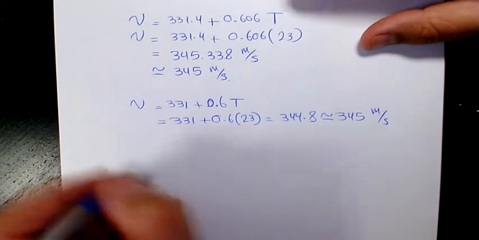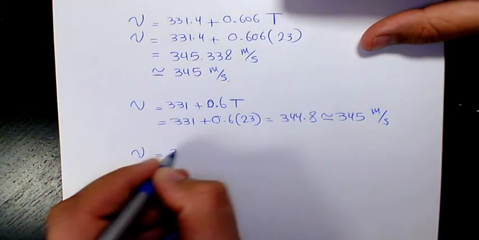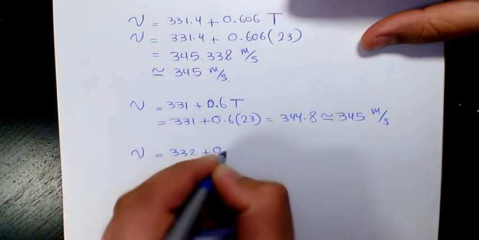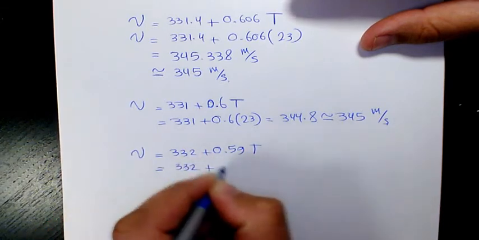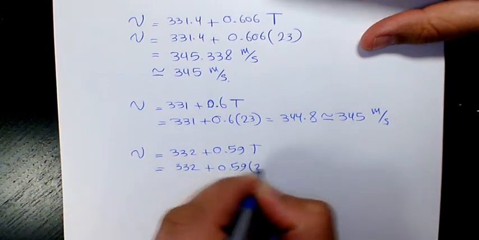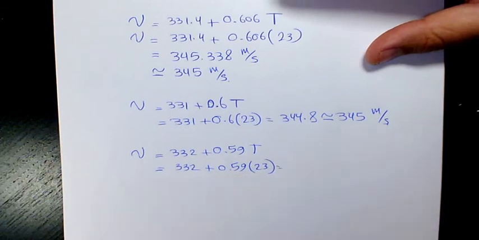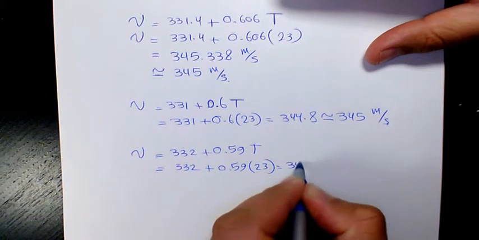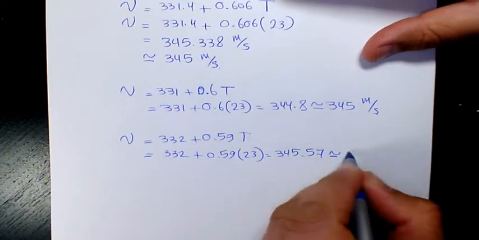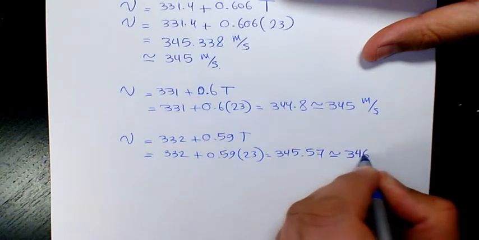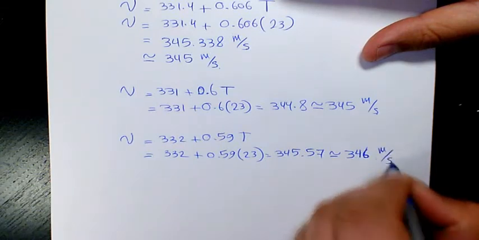And if I use the third equation, 332 plus 0.59 T, so it's going to be 332 plus 0.59 times 23. It's going to be 345.57. This one is going to give you almost 346 meter per second.